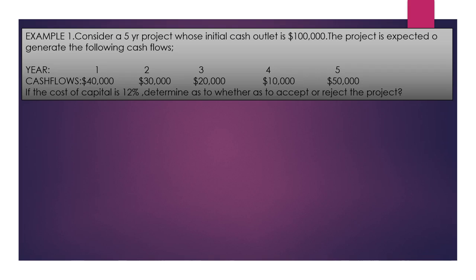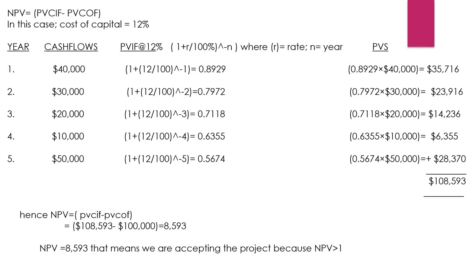Remember, we said that if you are using the net present value, we select a project which has a positive net present value. NPV is simply the present value of cash inflow minus the present value of cash outflow.